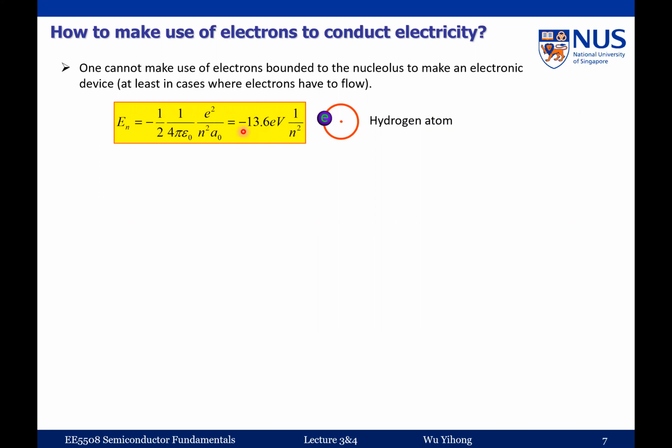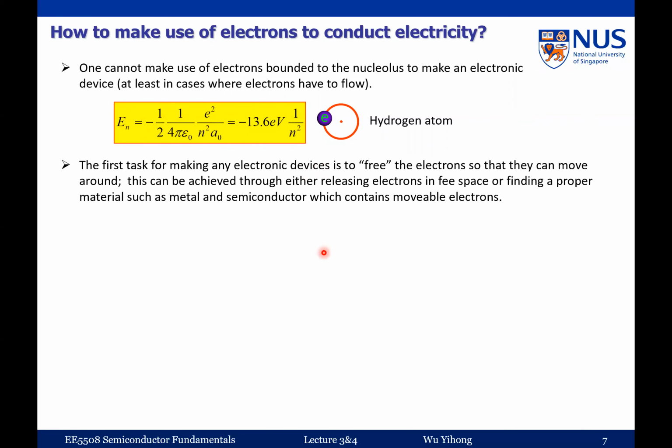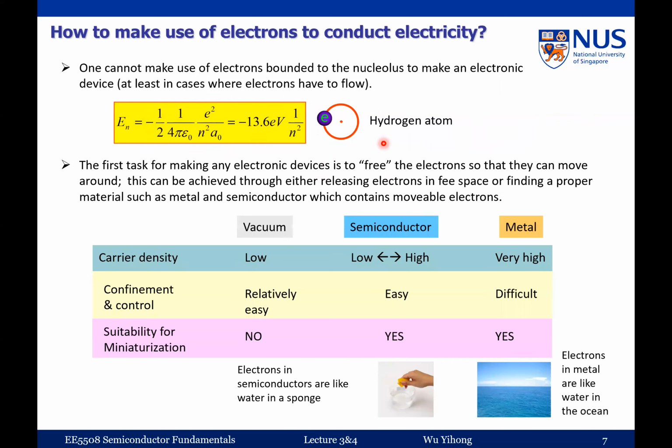But to do this, you need to supply a very high energy, which is not practical for real applications. So the best way to release these electrons from the nucleus and make them move freely is actually in solid state materials.